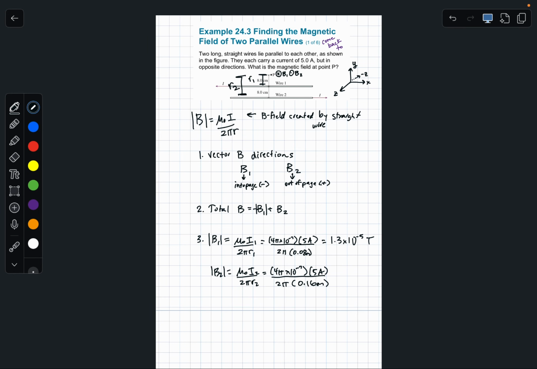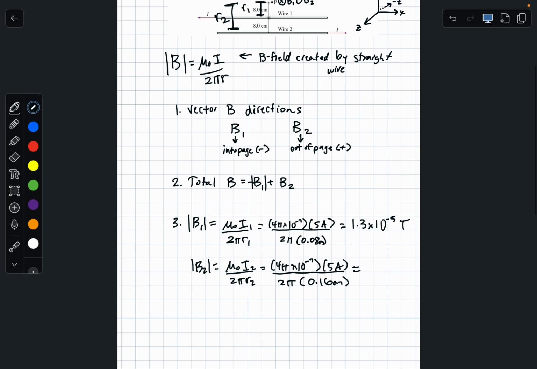Not too bad. So basically, it's going to be 1.3 times 10 to the minus 5 divided by 2. But we'll go ahead and calculate that.